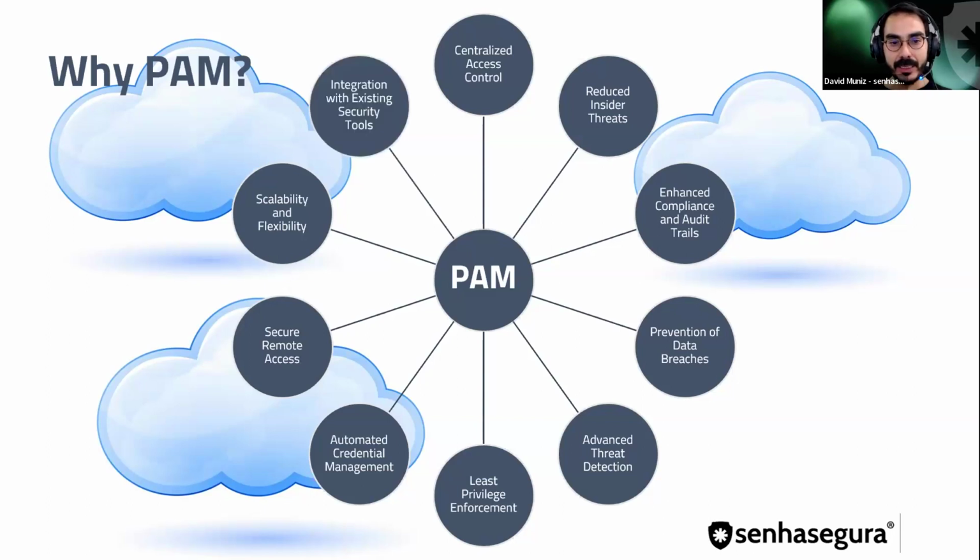And last but not least, PAM is also essential to integrate with other security solutions, with CIEM, with other identity and access management solutions, and with other cloud protection solutions. This creates a cohesive and robust security posture for cloud environments.